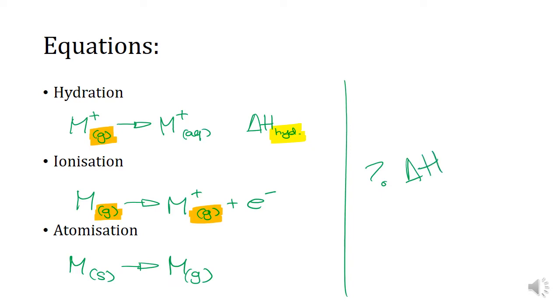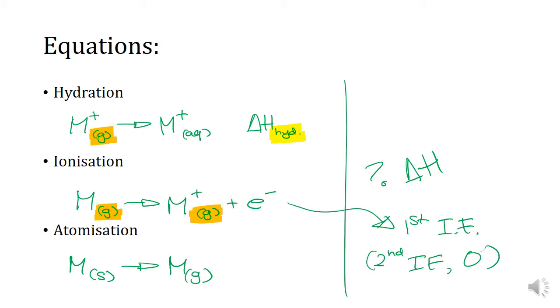So for some of these you might be given the delta H. For ionizations, first ionization energies for these are given in the Databook on one of the periodic table pages at the beginning. And the second ionization energy is also given for oxygen.